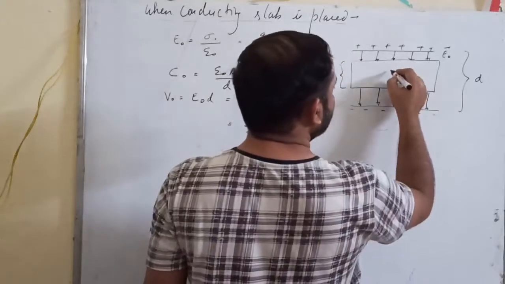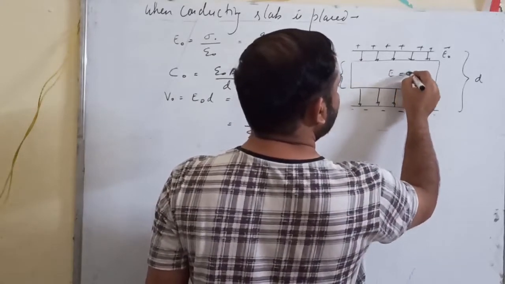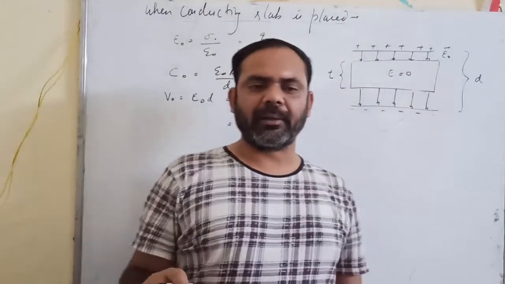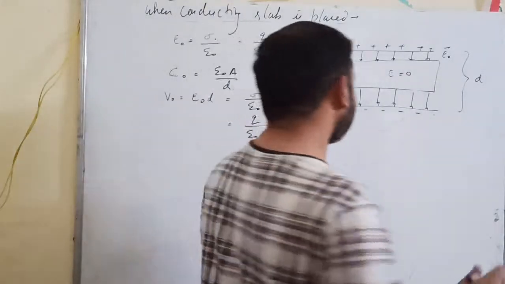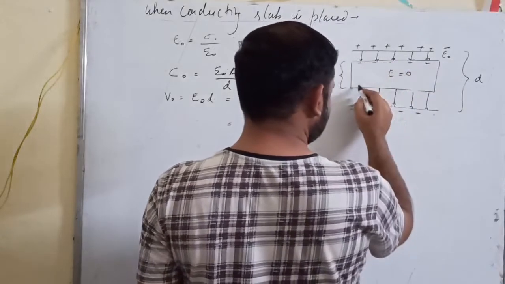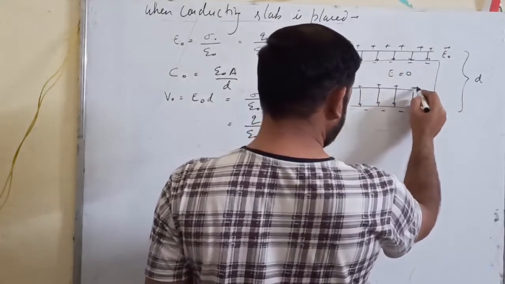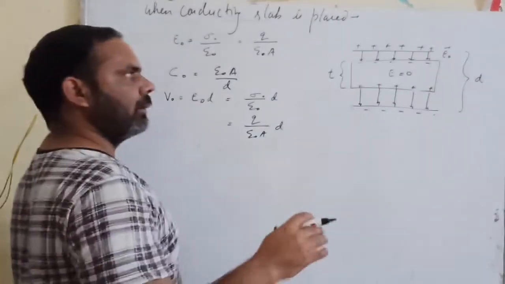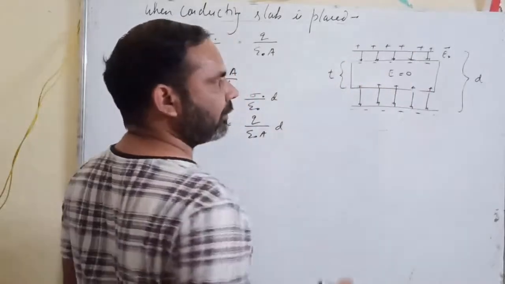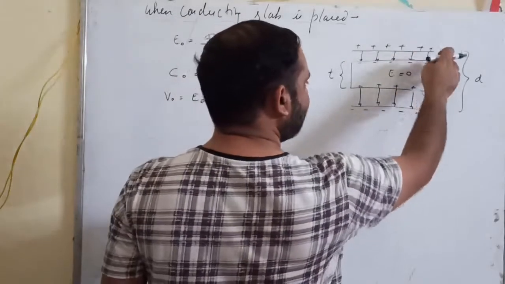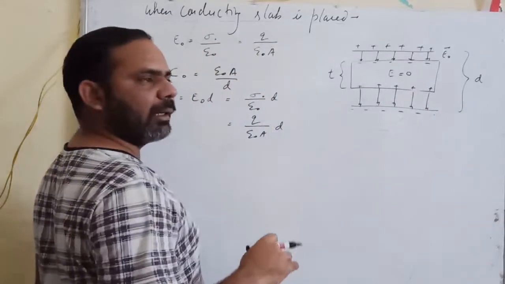Inside the slab, the electric field in this part will be 0, because electric field inside a conductor is always 0. Negative charges will appear on this face and positive charges will be induced on this other face, and you will get an arrangement of this type. So electric field here in this part is 0, and in this part electric field is E0.